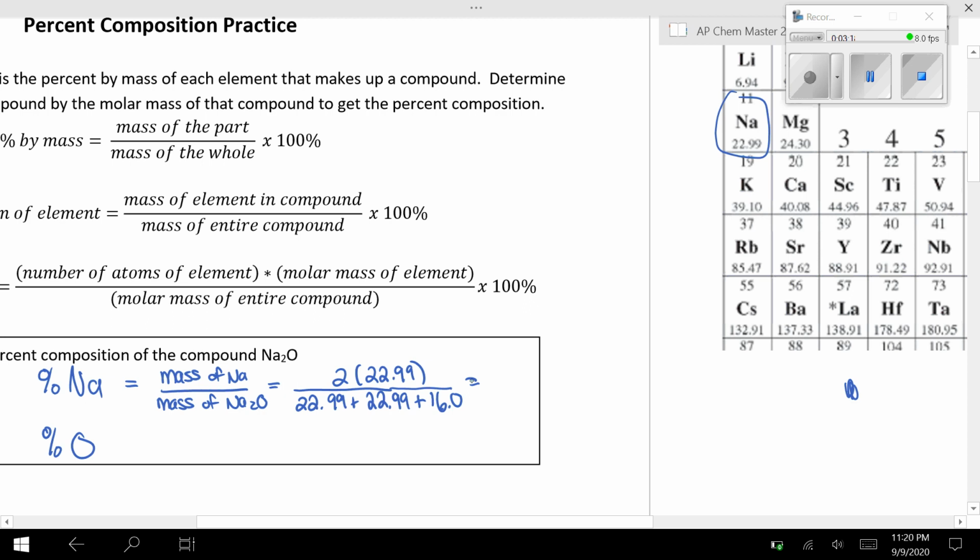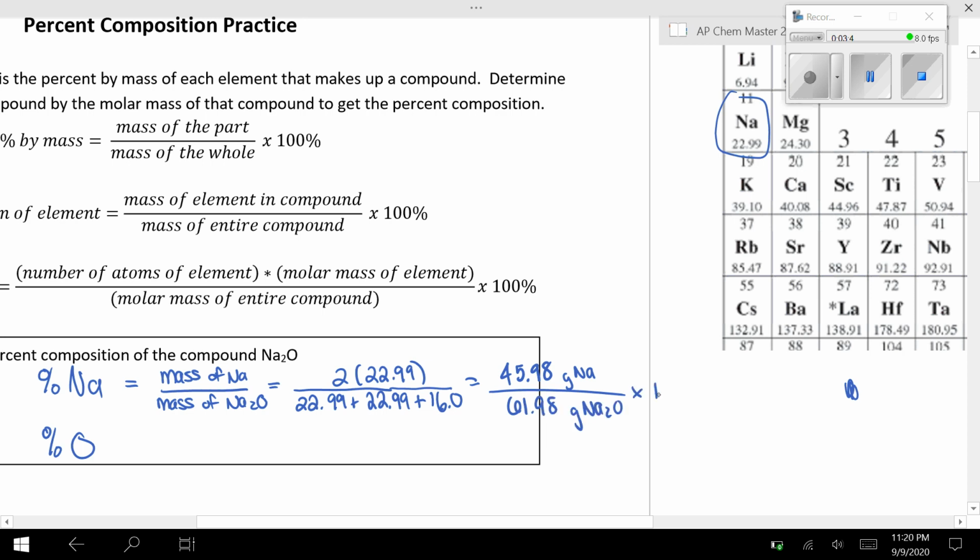So I am going to plug this in my calculator in real time with you. This is exciting. So we've got 45.98 grams of sodium on the top, and on the bottom we've got 45.98 plus 16. So that's the molar mass of the compound.